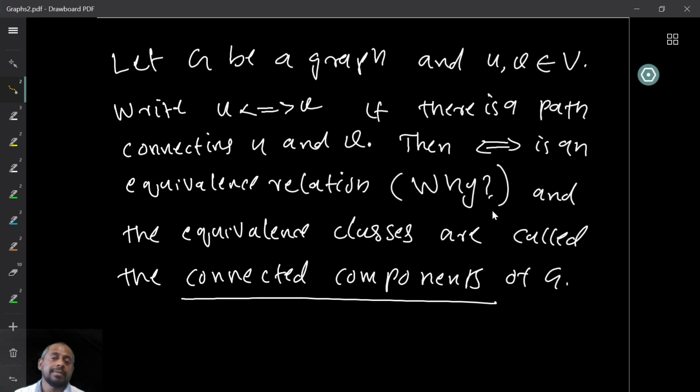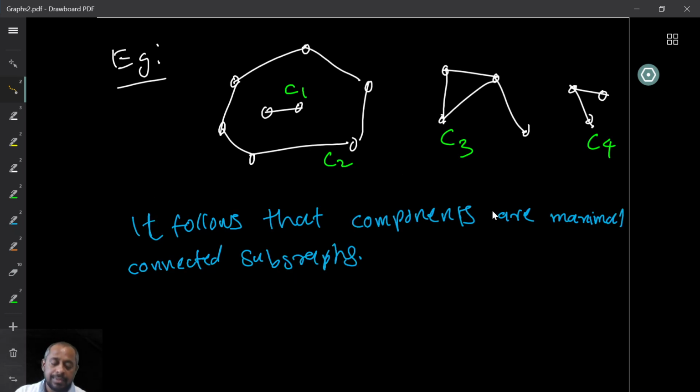The equivalence classes under this relation are called the connected components of the graph. Okay, so given a graph G, whenever two vertices are connected by a path, we say they are interconnected. And under the interconnection equivalence relation, the equivalence classes are called the connected components of the graph. So given this graph, right? So this entire thing is one graph. You can talk about the components of this, right? So what are the connected components?